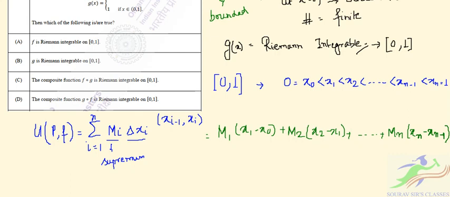We have already considered that x0 is 0 and xn is equal to 1, and this is the partition in this manner. So x0 is 0 and xn will be 1.